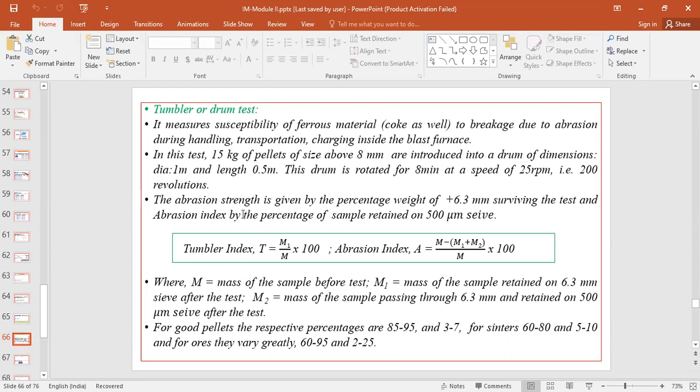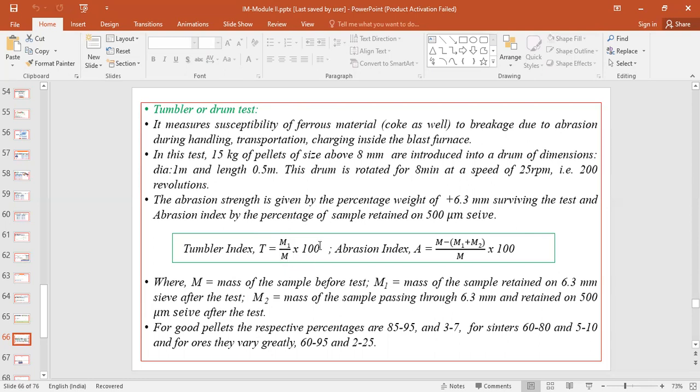Here you can see the formula: for the tumbler index, T is equal to m1 by M into 100, and for the abrasion index, A is equal to (M minus (m1 plus m2)) by M into 100. The capital M is the mass of the initial sample, and m1 is the mass of the sample retained on 6.3 mm. So this will give the impact, that is the mass of the sample retained on 6.3 mm divided by the initial sample.